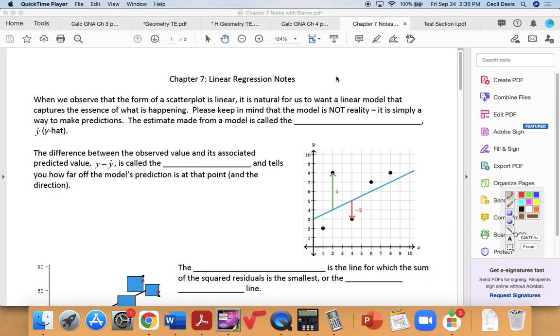So the estimate made, I should get out my notes to make sure I fill in all of the right words.